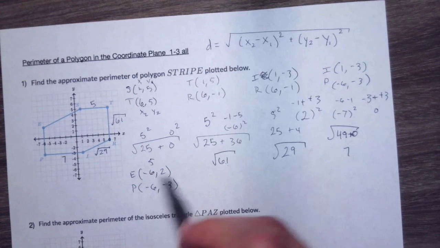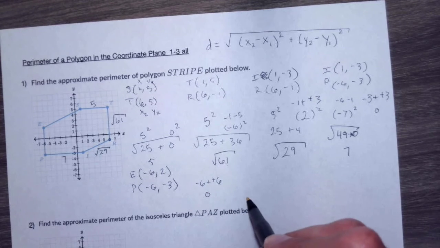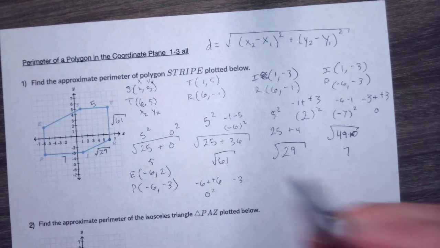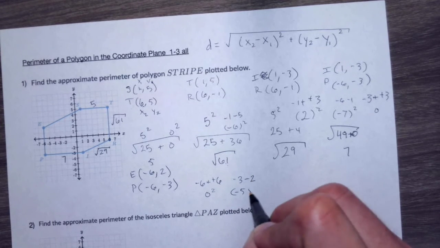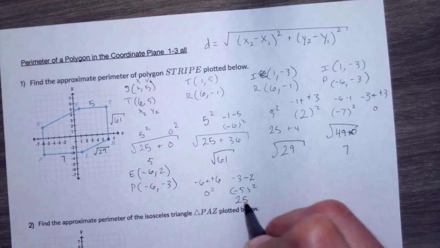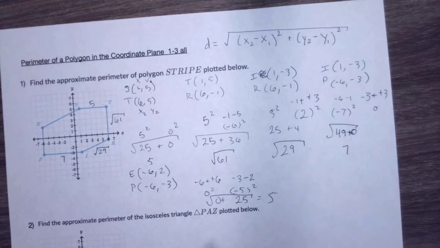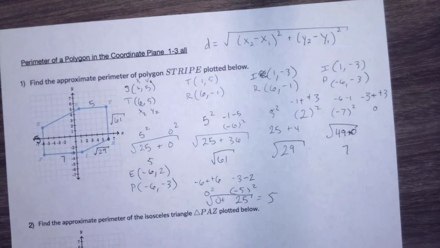So this minus this, negative 6 minus negative 6, that would be 0. Negative 3 minus 2, that's negative 5. Squared is 25. Plus 0, square root, that will be just 5. So this is a length of 5 there.